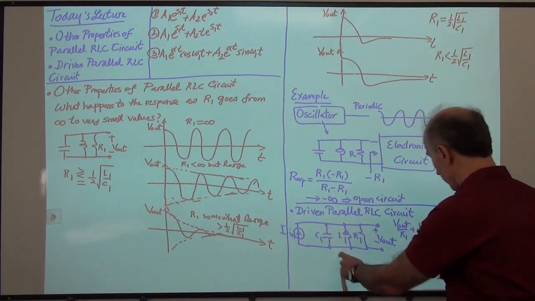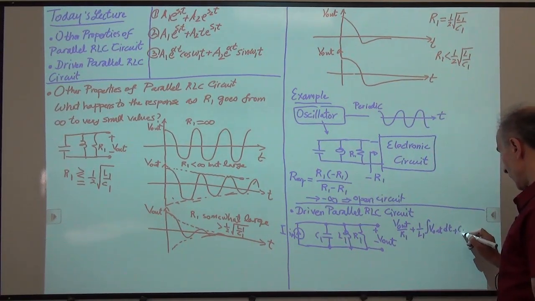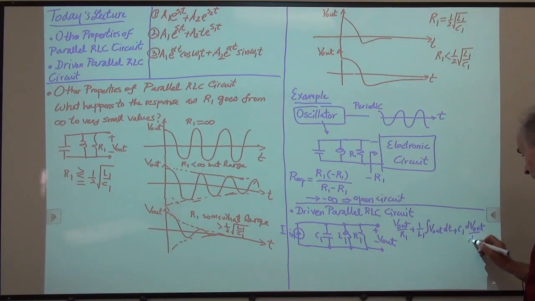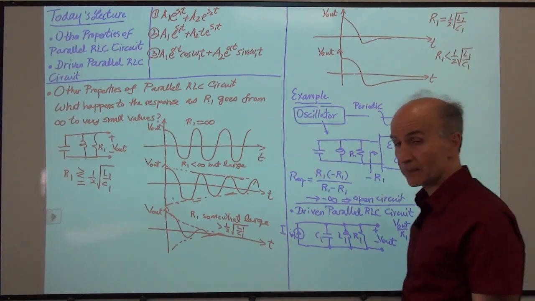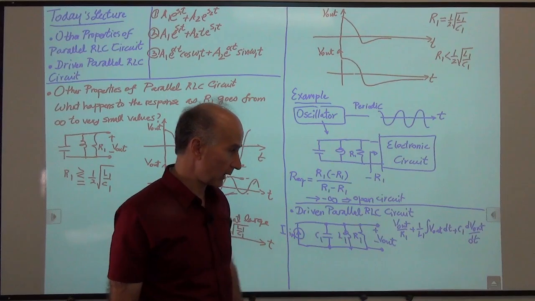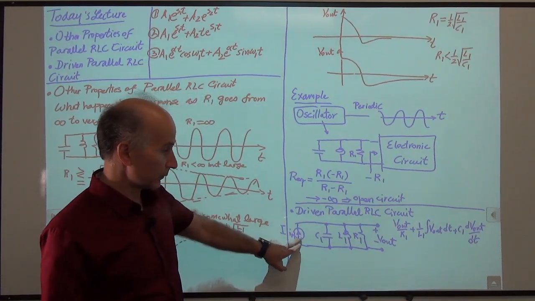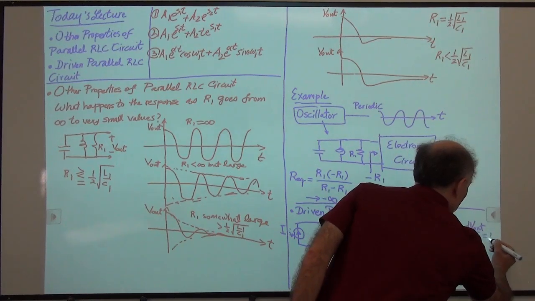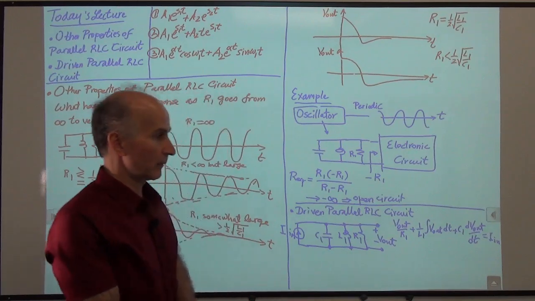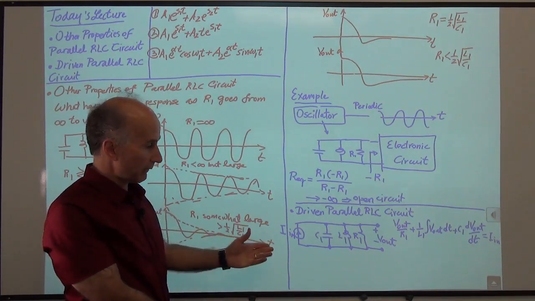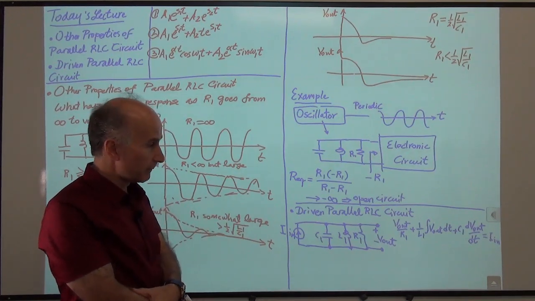And then we had this current, which is C1 dV out over dt. All right, so the currents through the resistor and the inductor and the capacitor are these values. And these all have to add up to I in. So we write that as I in. Okay. All right, so that's the only difference between what we have here and what we had before.